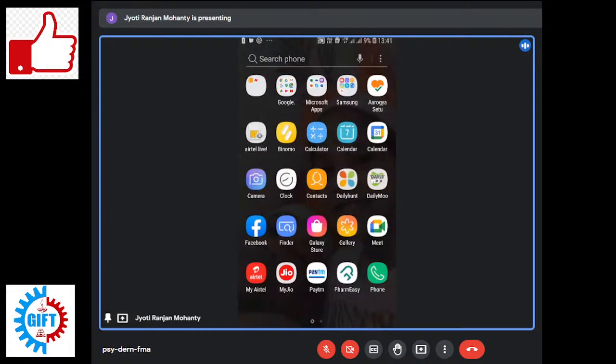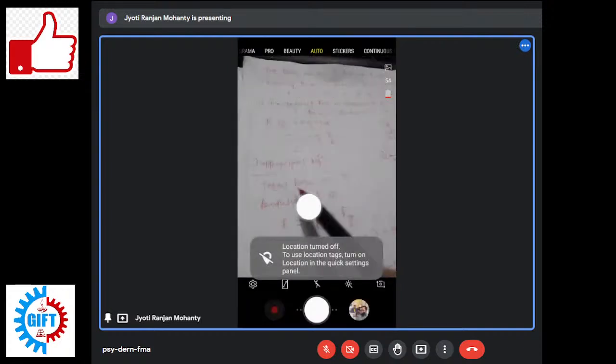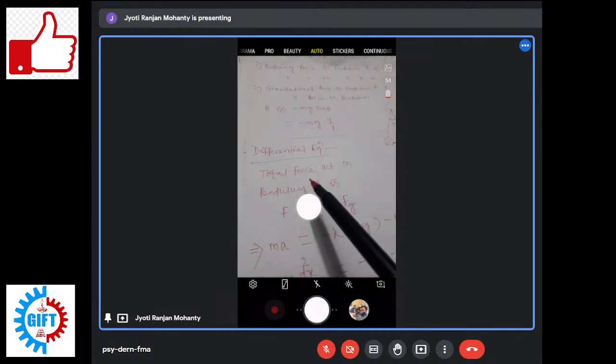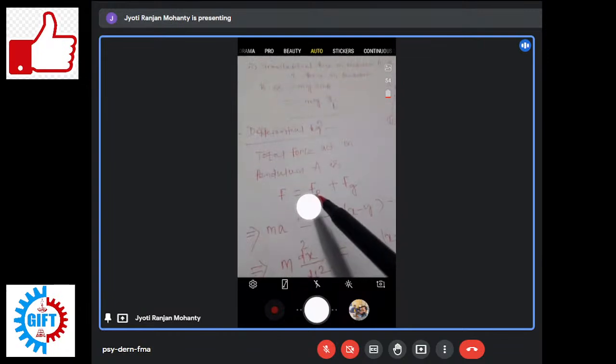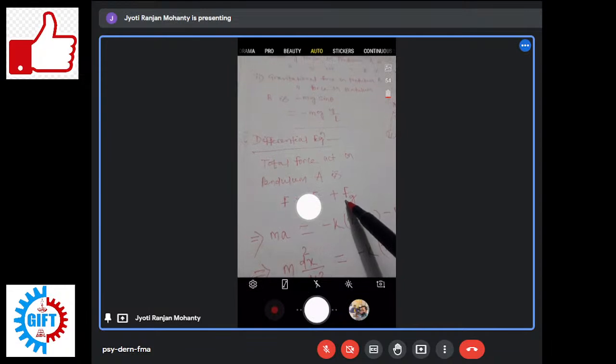The total force acting on pendulum A is, what is the total force? F is equal to restoring force plus gravitational force.